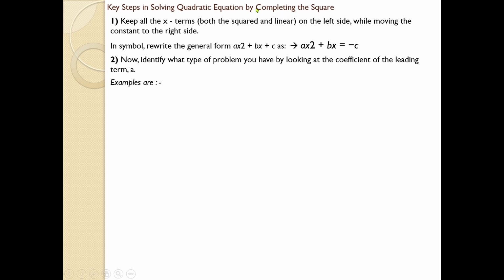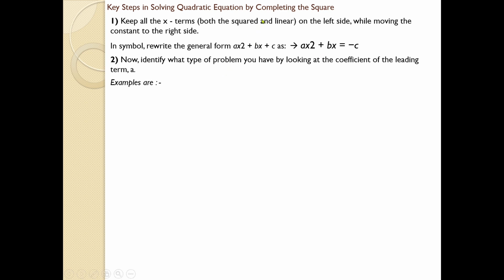So remember, whenever you come across a quadratic equation in the form ax square plus bx plus c, it has to be manipulated in such a way that you shift the value of c to the right hand side of the equal sign. You may get confused because until the previous cases I mentioned that you need to bring all these values to the left hand side of the equal sign in order to solve a quadratic equation.